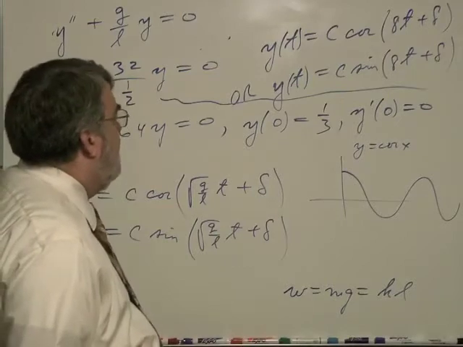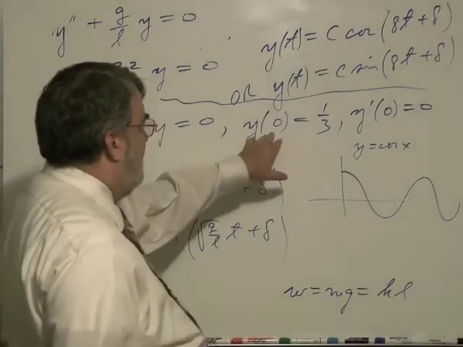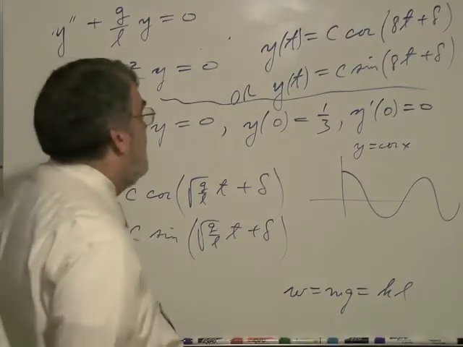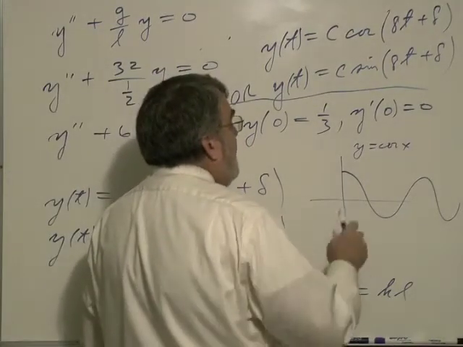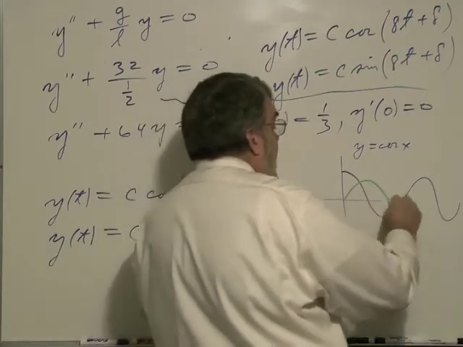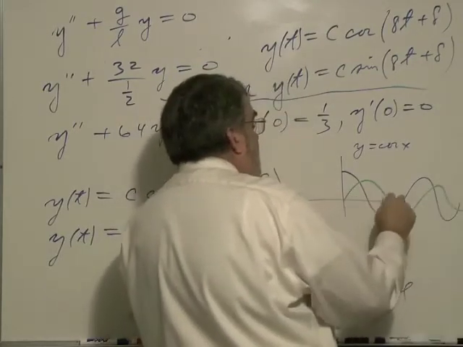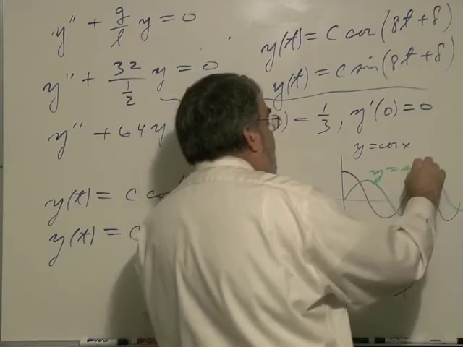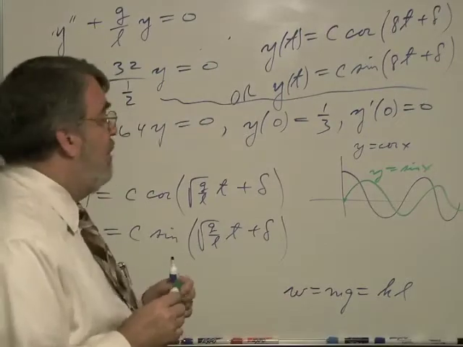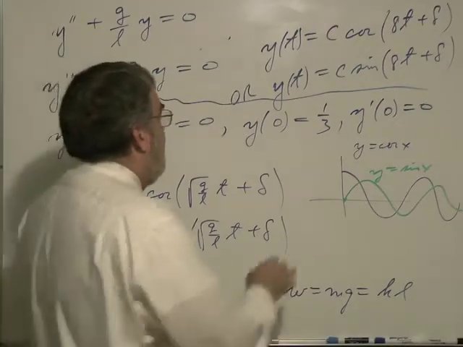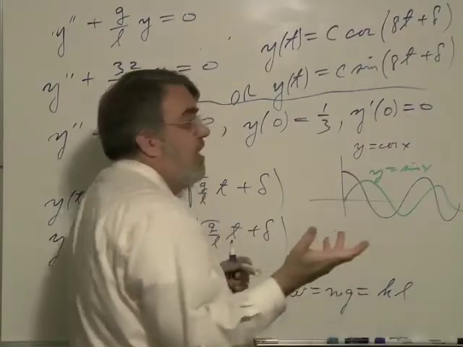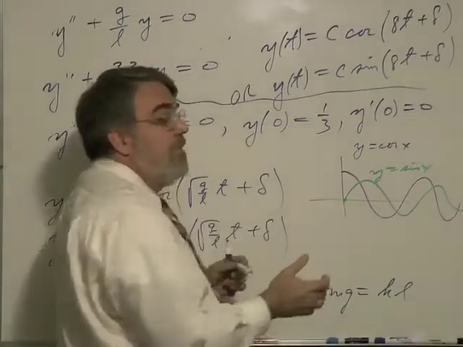And if my initial position is 1/3, it's up here, then I want to use a cosine because it starts up here somewhere. Now, if I had a sine function, y equals sine x, without any phase shift, it starts at the origin. And so if the initial position was 0, but it had an initial velocity, then I would use a sine because initial position is 0.